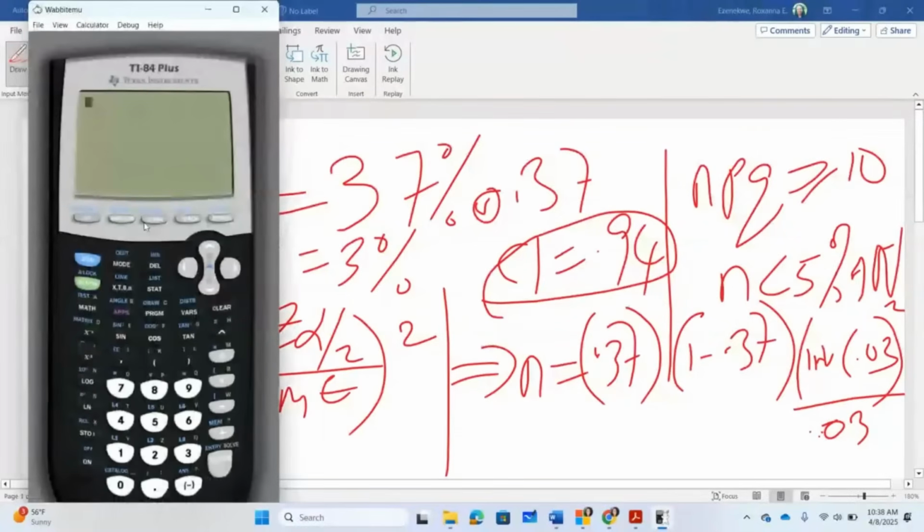So second distribution, number 3, area to the left is 0.03, and the other things are good. And when I hit enter, I have the value, and then I know that this has to be squared. Divided by 0.03.